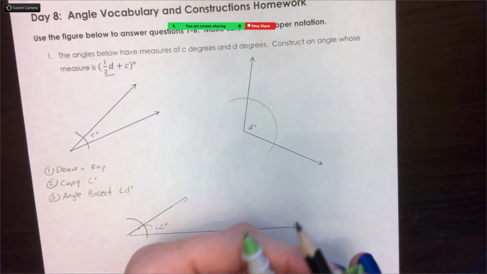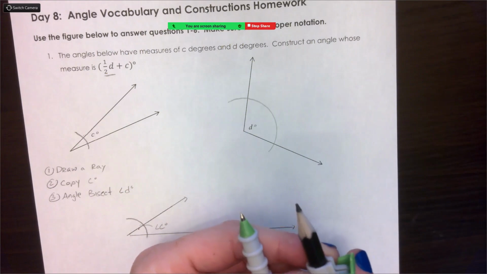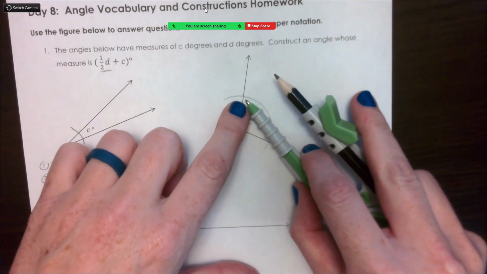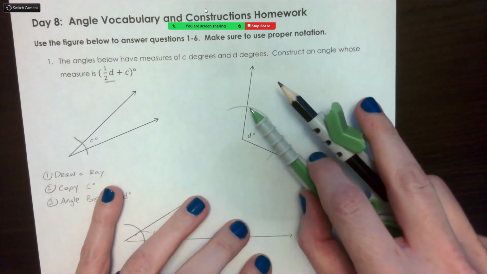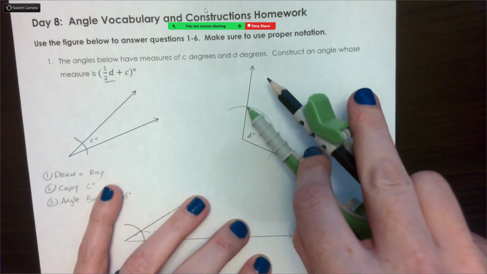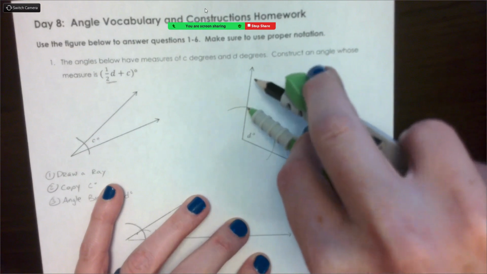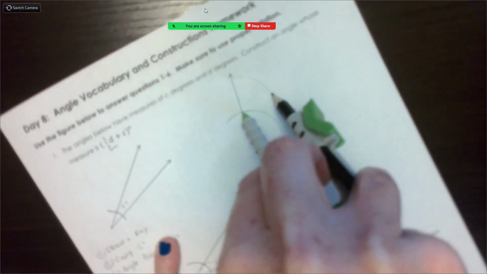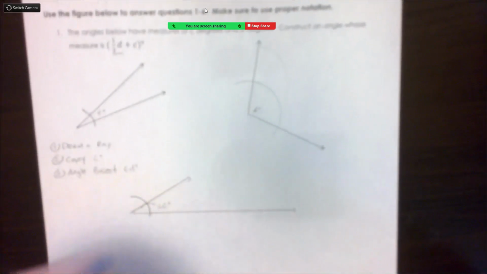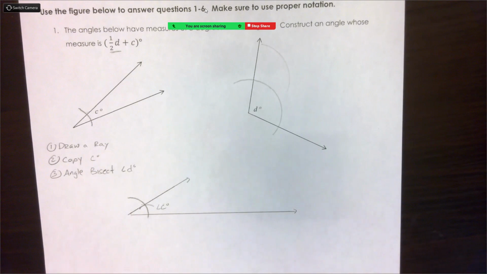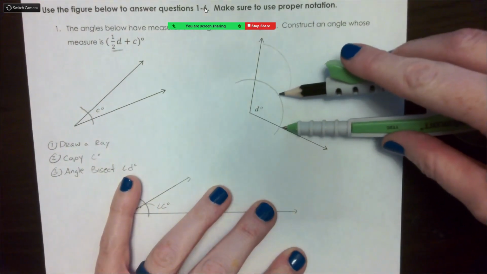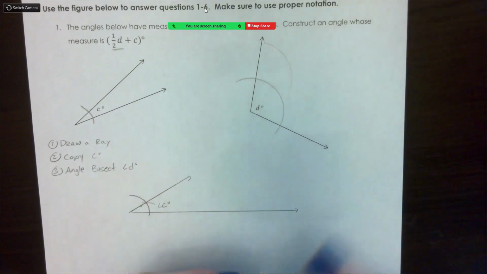You can keep your compass the same size. I'm going to make it a little bit larger just so that I can see things. I'm going to put the point right on where our arc met the ray, and create another arc. Sorry for the blur there, it's just poor lighting going on right now. Keep everything the exact same size and put the point on the other edge.